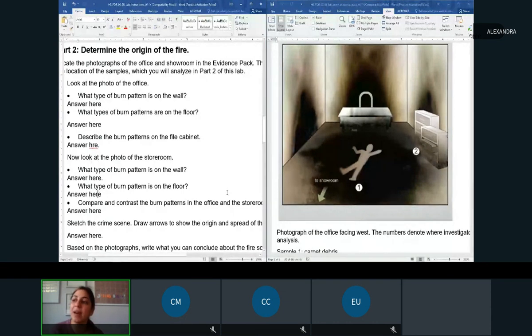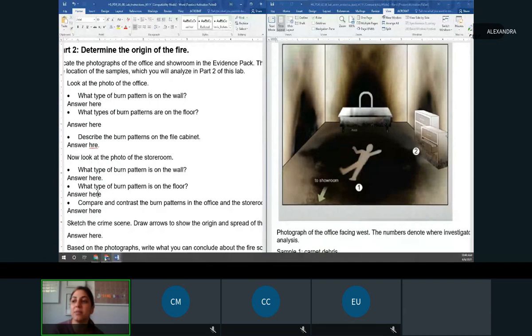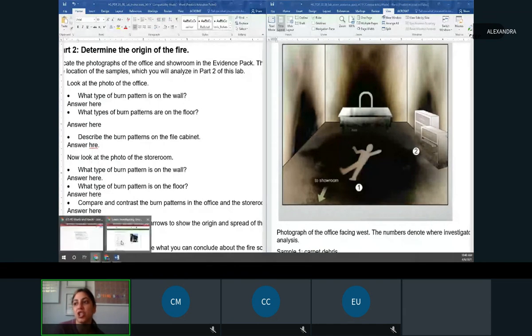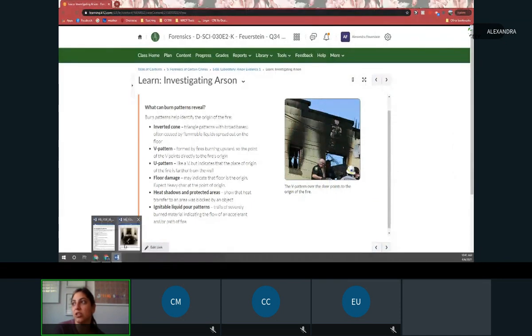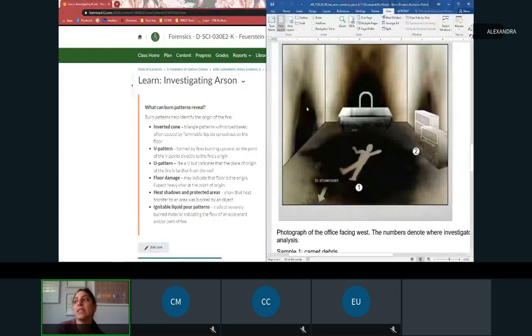And when we're thinking about that, we want to think about those shapes, right? We want to think about how these shapes tell a story. So if we're taking a look at these two different pictures and we're trying to compare the patterns on the wall in the office and the showroom, what are those patterns telling us?